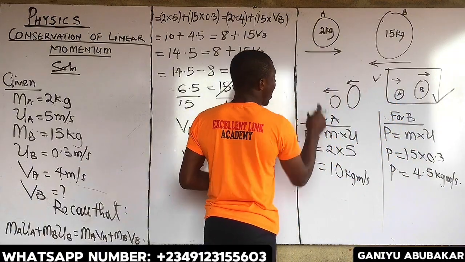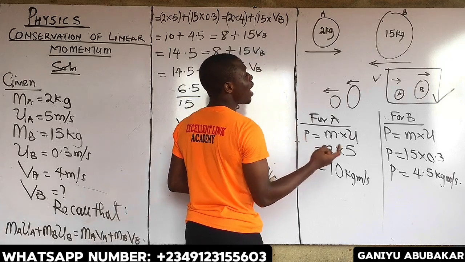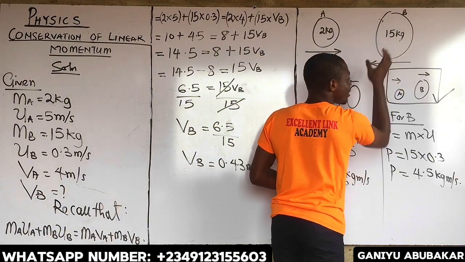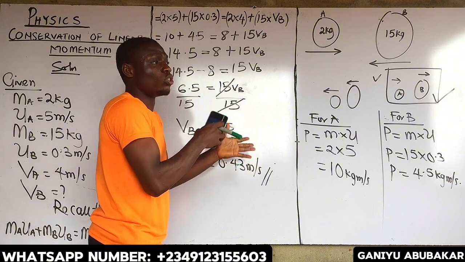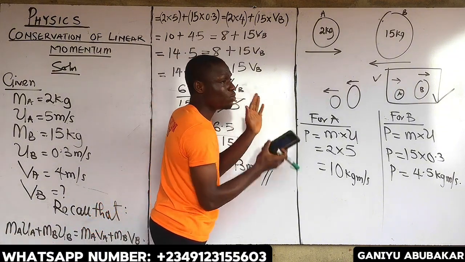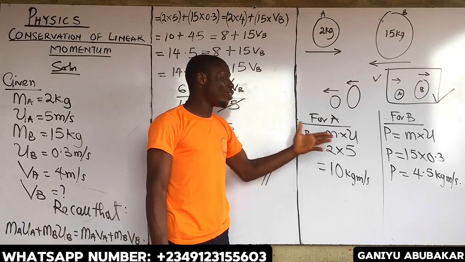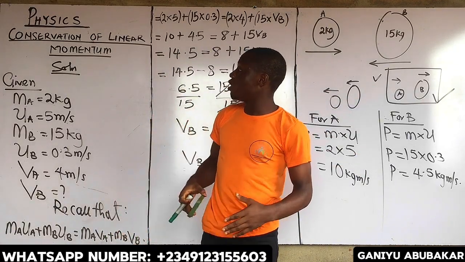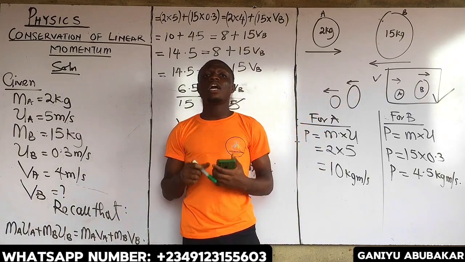Because A has a bigger momentum but smaller mass, while B has a smaller momentum but a bigger mass. So we don't use the mass to determine which direction the body will move. The one that has the bigger momentum is where the direction follows. So this is the concept behind collision, or conservation of linear momentum.